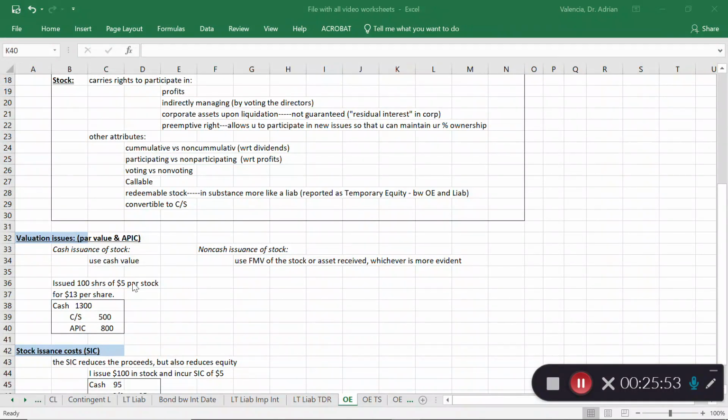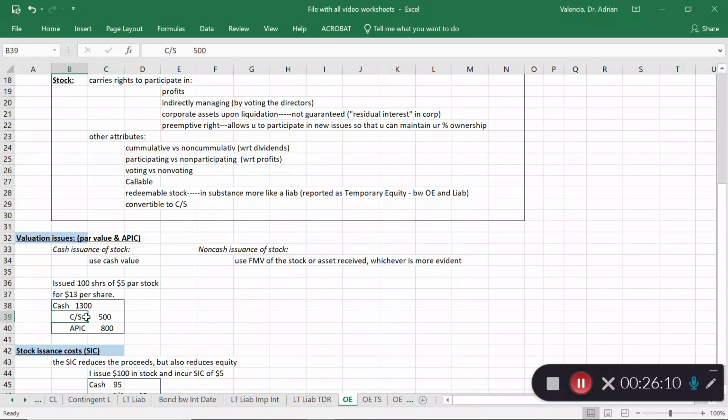I'm not going to get into that discussion, but traditionally that's what it's meant. So if I sell 100 shares for $13 per share, then I'm going to receive cash of $1,300.